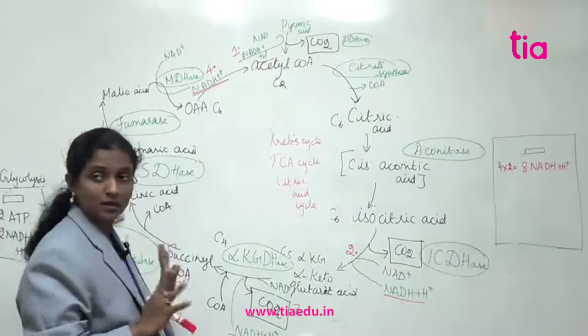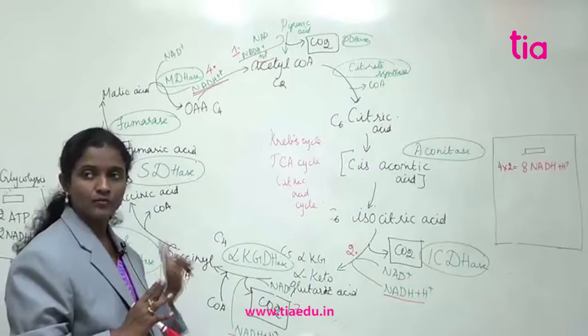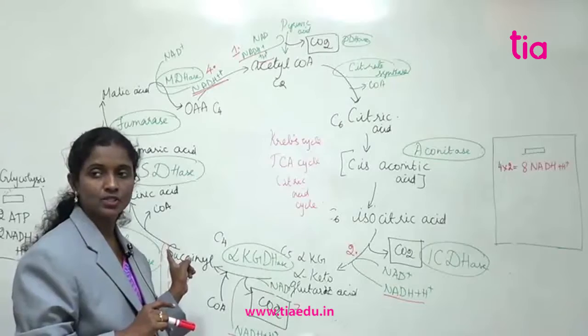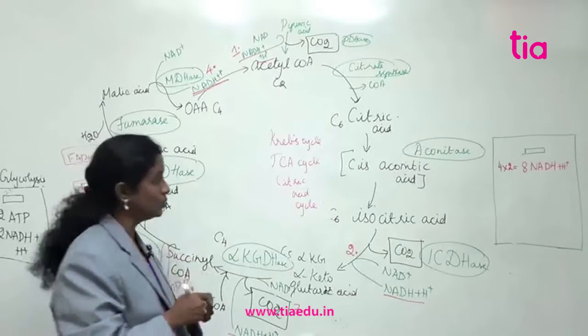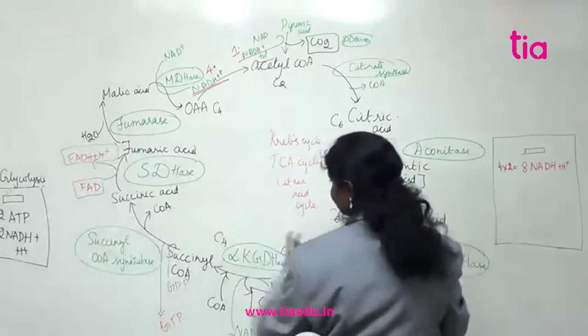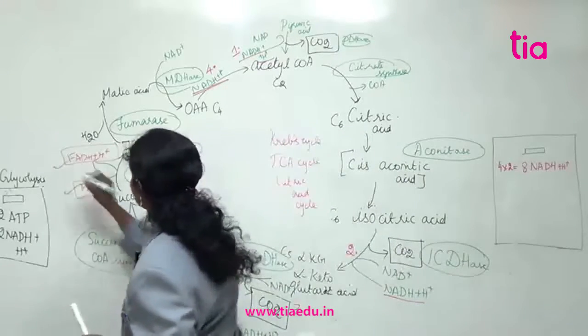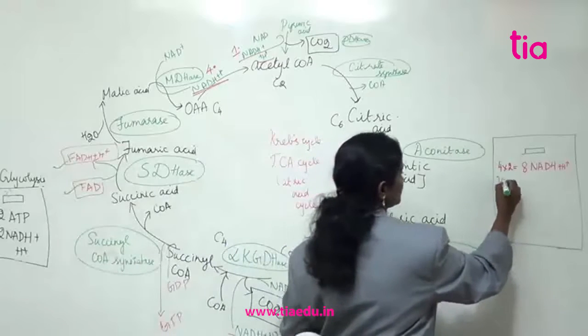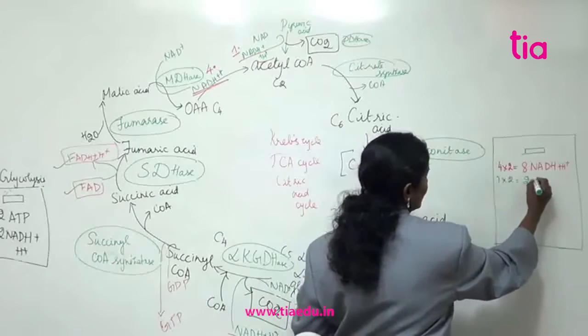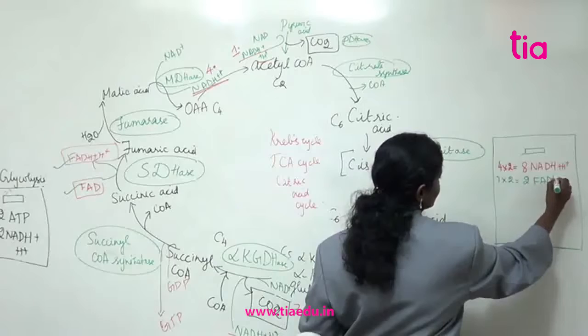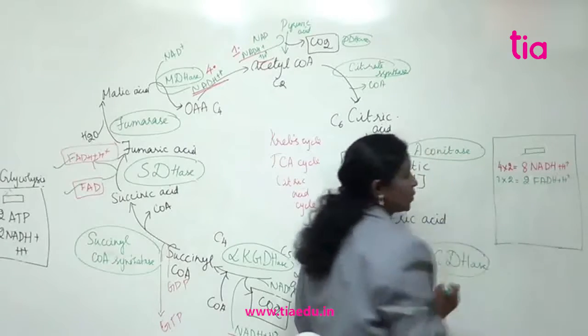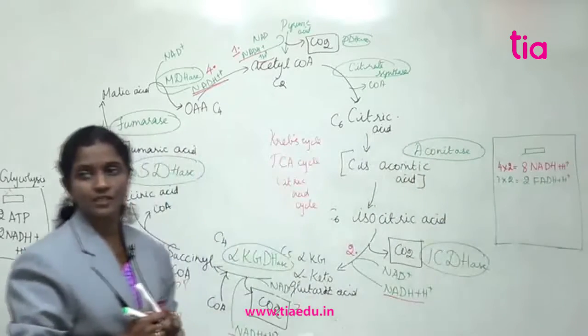Now is that alone what we receive from here? No. We also receive from succinate dehydrogenase 1 FAD. So 1 into 2, 2 FADH2, right?